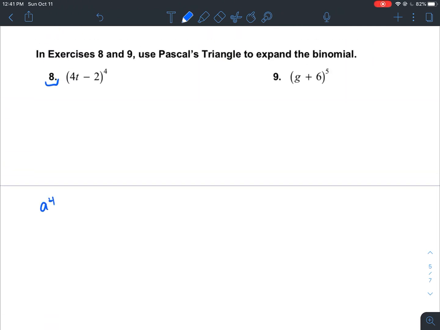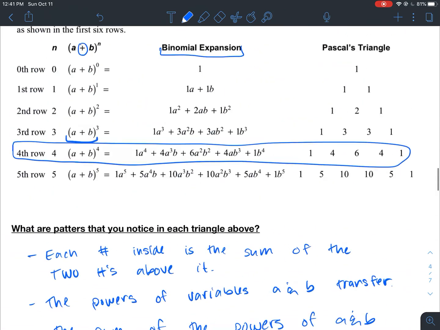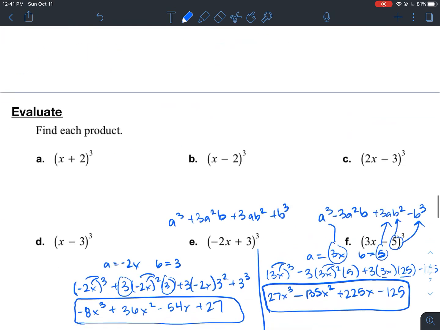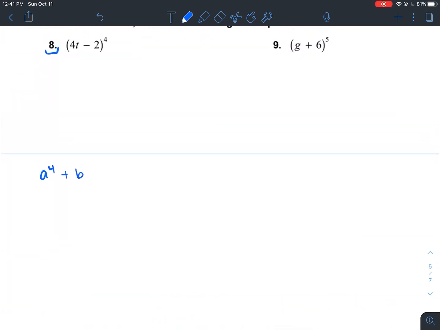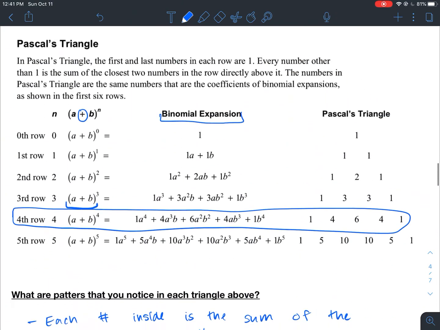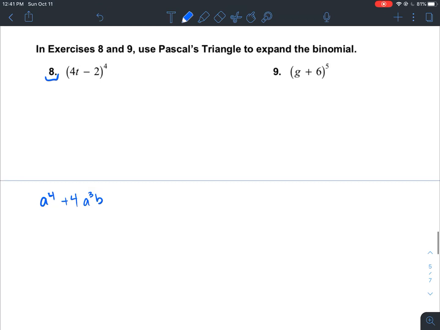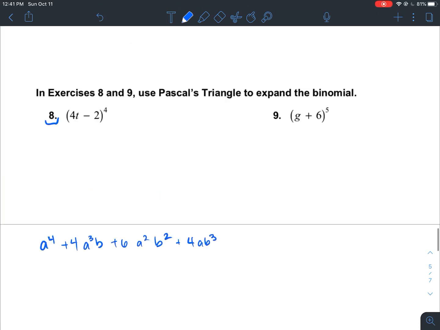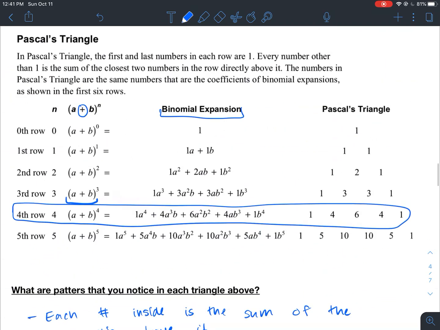So a to the fourth plus 4a cubed b plus 6a squared b squared plus 4ab cubed.